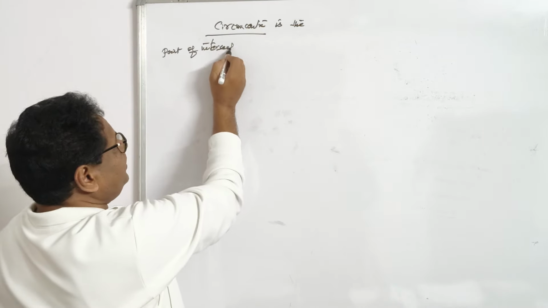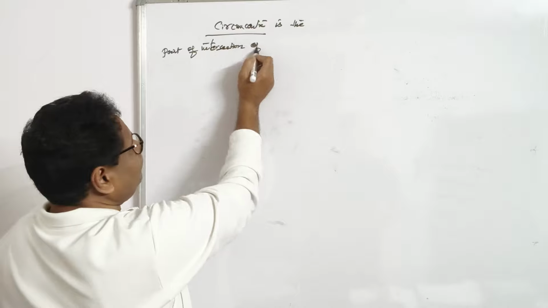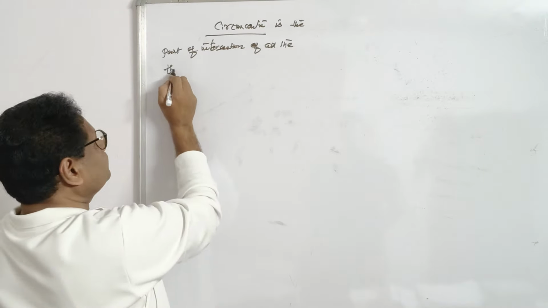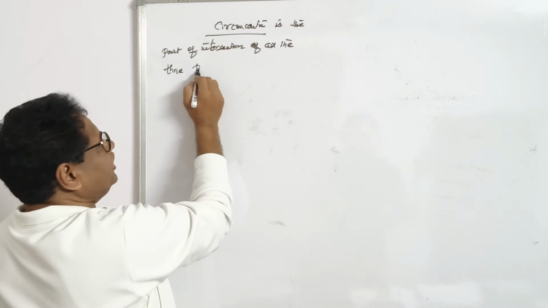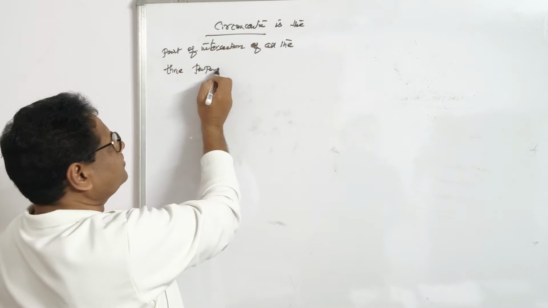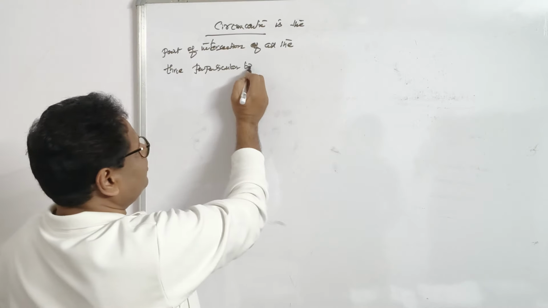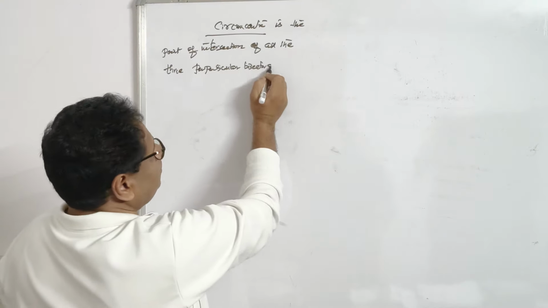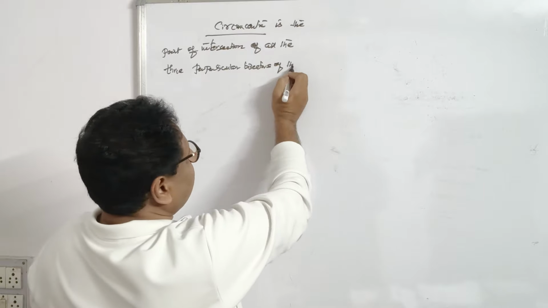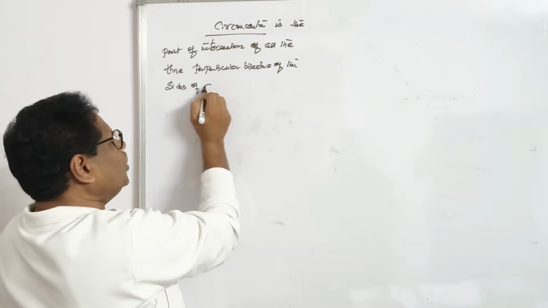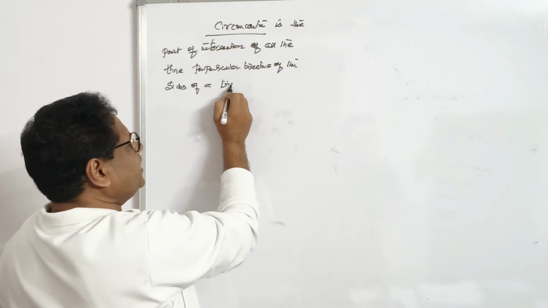Point of intersection of all the three perpendicular bisectors of the sides of a triangle.